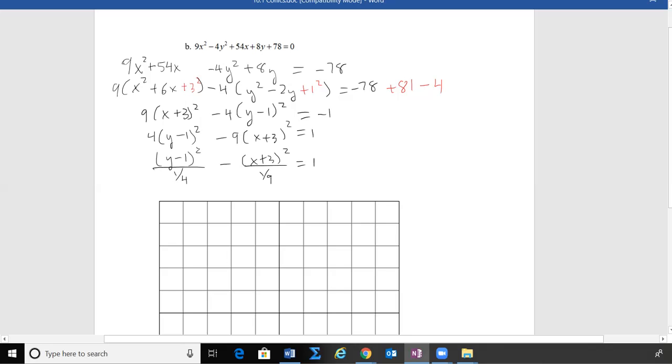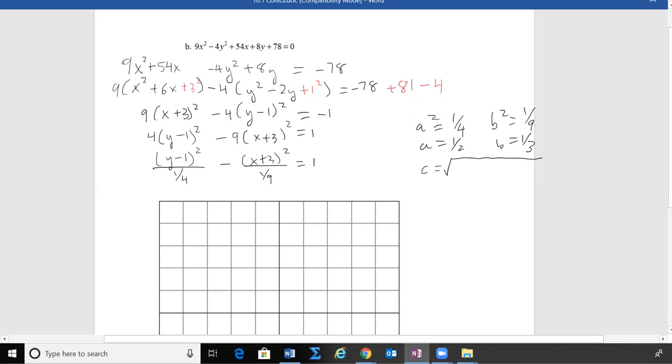Okay, so now we can identify, first of all, your transverse axis is the positive term, and that tells us that the a squared is a 1/4. So a is 1/2. B squared must be the 1/9. B is 1/3. Okay, as long as we're at it, we must find the c.